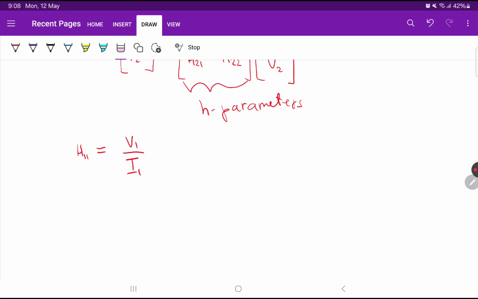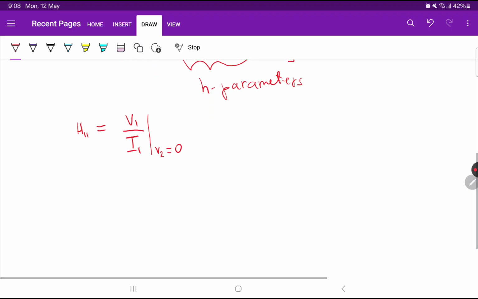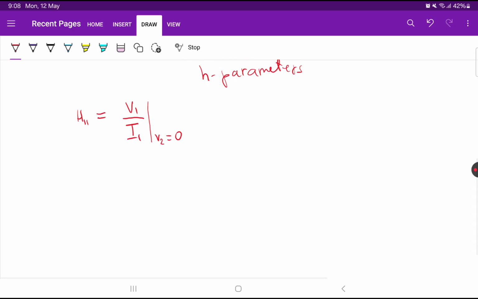Then I will make something zero, just like before, and the variable that I'll be making zero will be V2, the voltage at the output. That's H11.